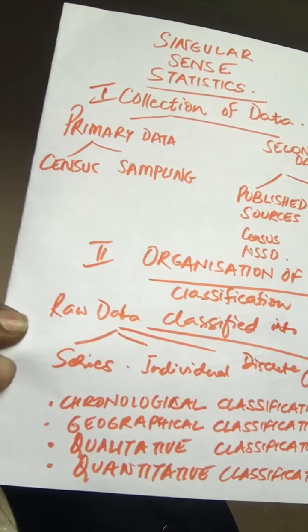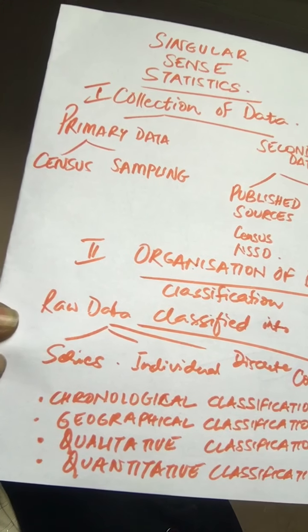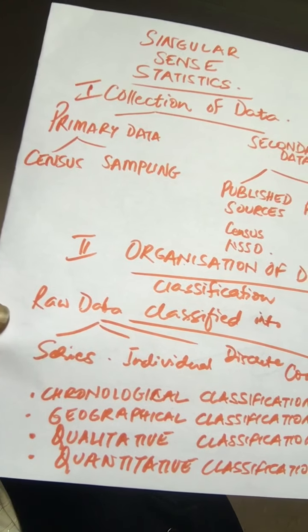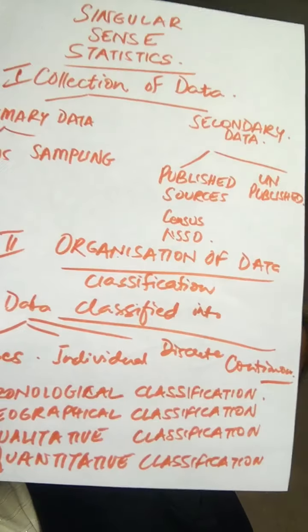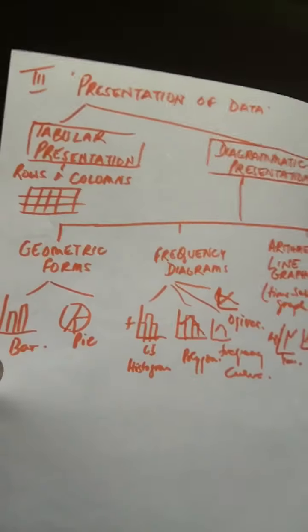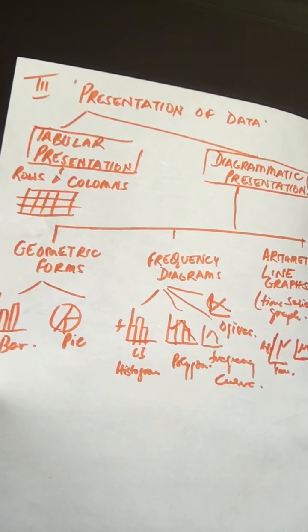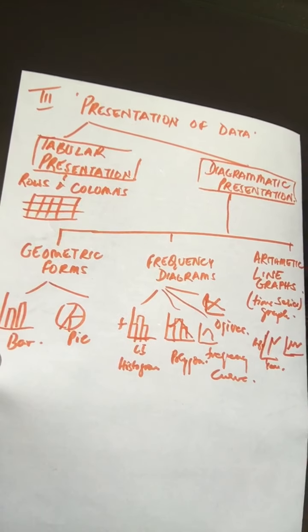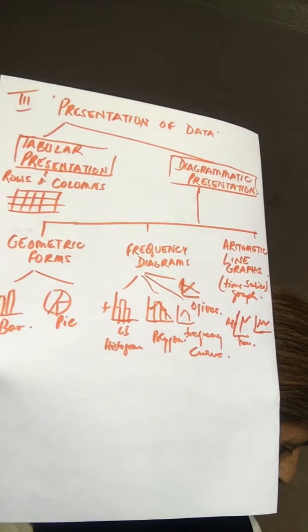Is it on the basis of time, or place, or is it quantitative or qualitative classification, and all of that. And then we come to presentation of data. Remember, we are doing statistics in the singular sense, and all of this we are going to study. Each one is a chapter in itself later on.